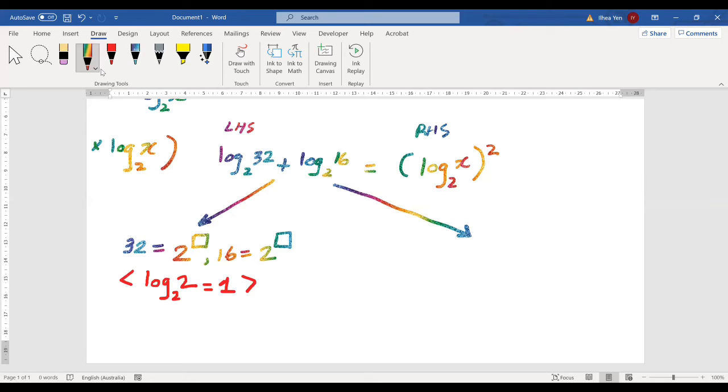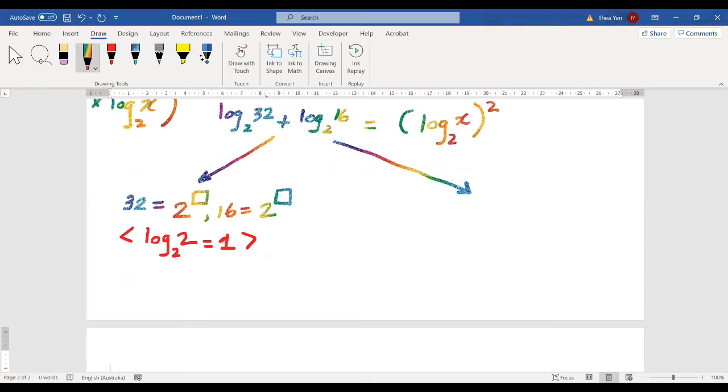32, so you probably guessed it. Let me see if I can go down to the next page. Yep. So I'm going to do 32. If I'm going to use a calculator, I'm going to use this log base 10, which is in your calculator. You can't see base 10, but it is base 10.